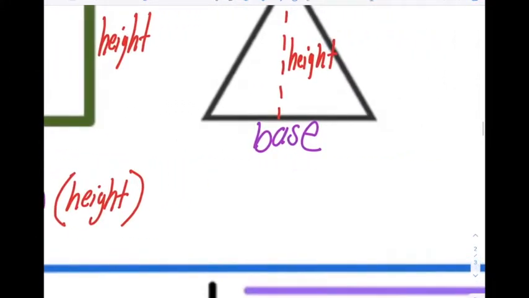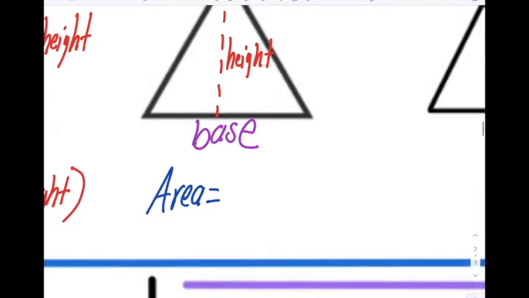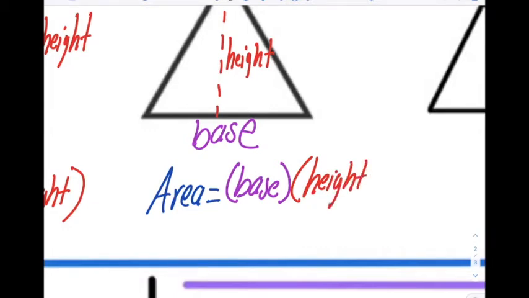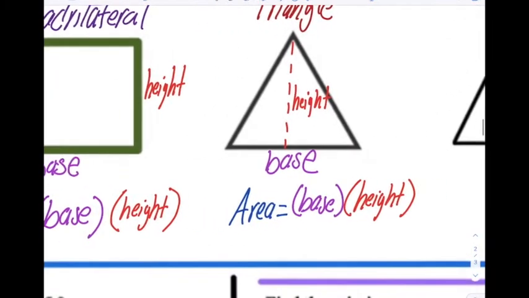So we're going to say the area is equal to the base times the height. But you're thinking, mister, a triangle has less space than a quadrilateral. It does.